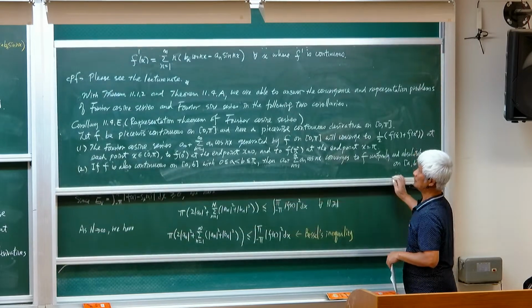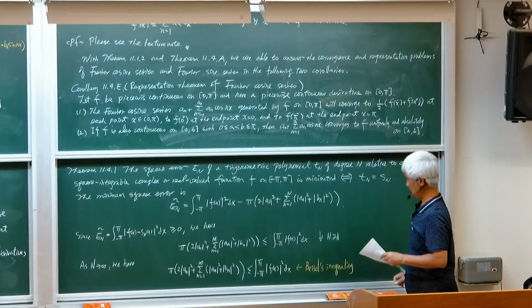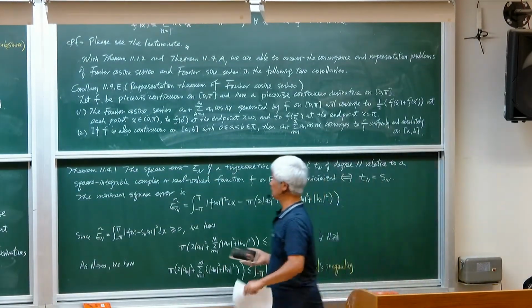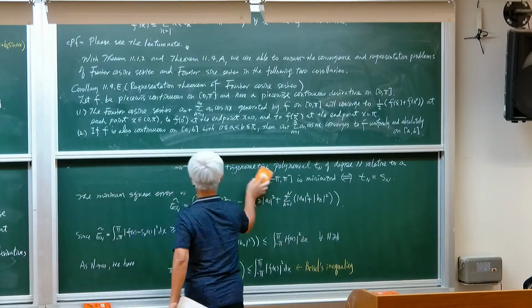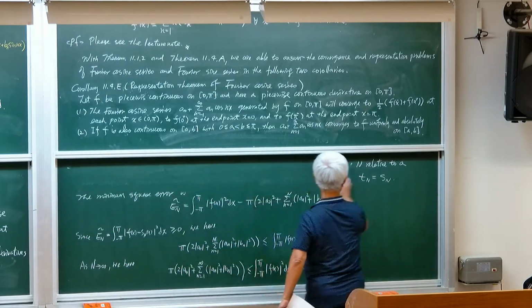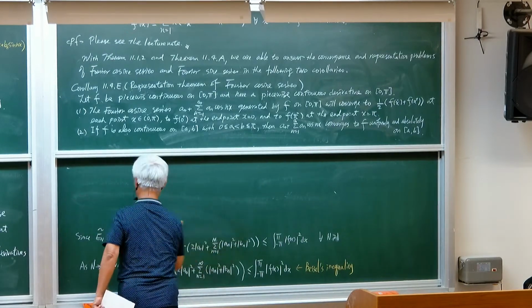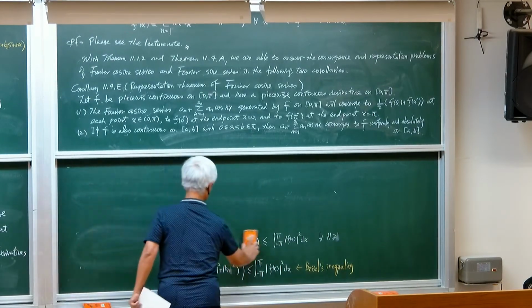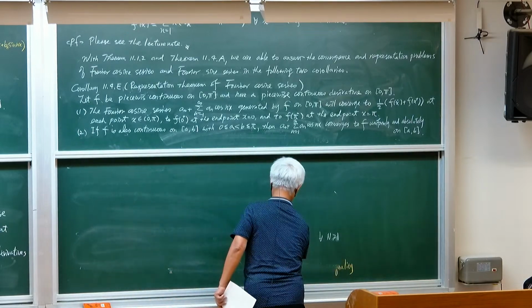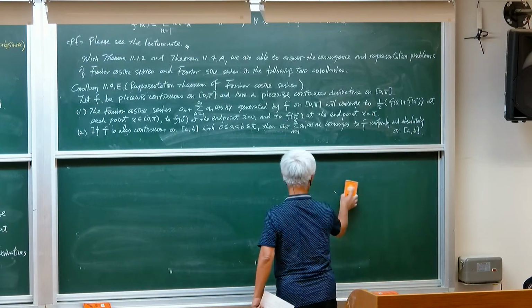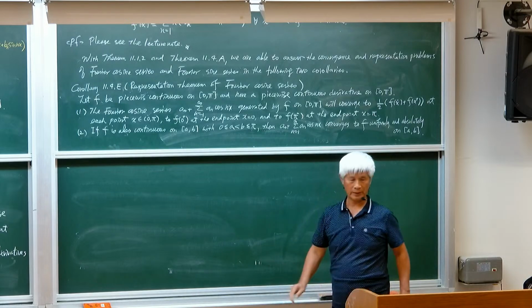So this is the representation theorem for the Fourier cosine series.